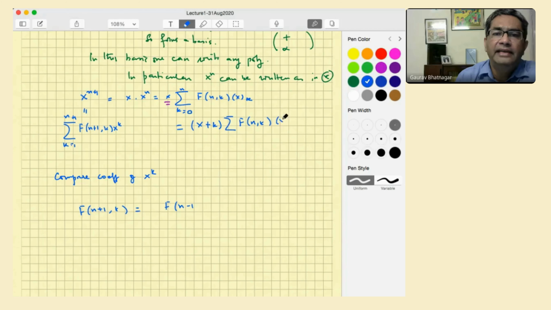Summation of f_nk x sub k, k going from 0 to n, and then I will subtract the summation k going from 0 to n of f_nk x to the k. And this will give me the summation k from 0 to n of f_nk x to the k plus 1 minus k summation f_nk x to the k.